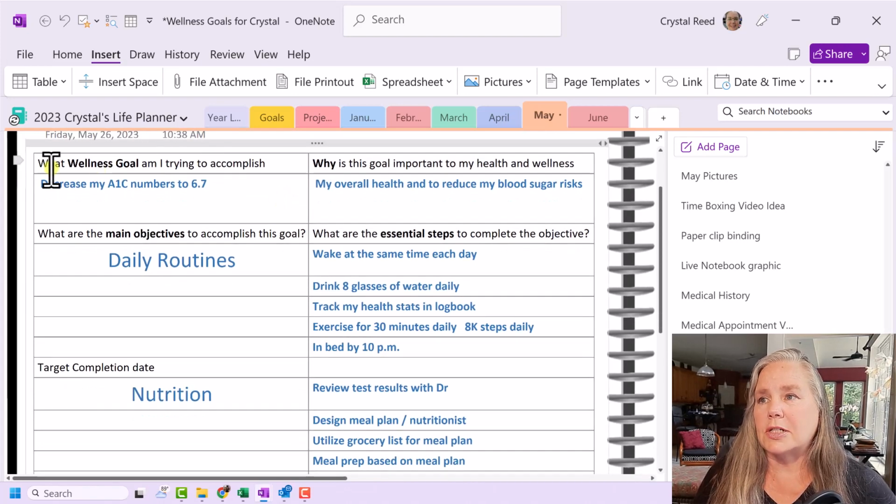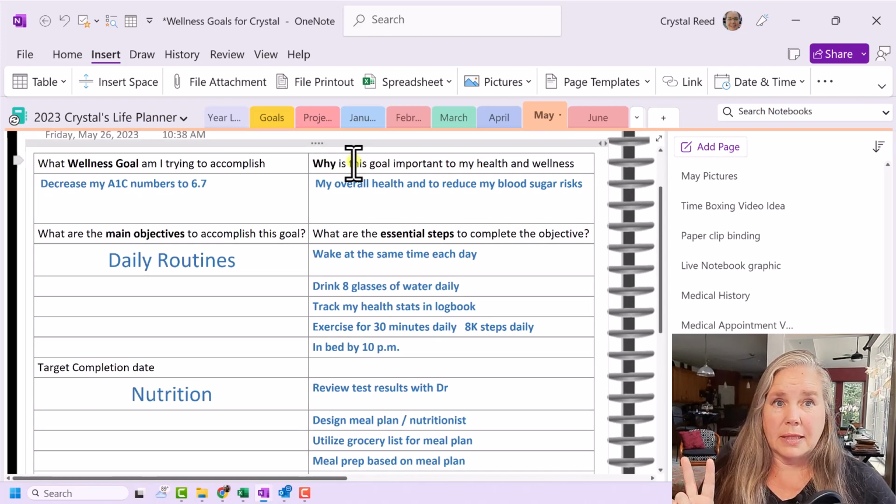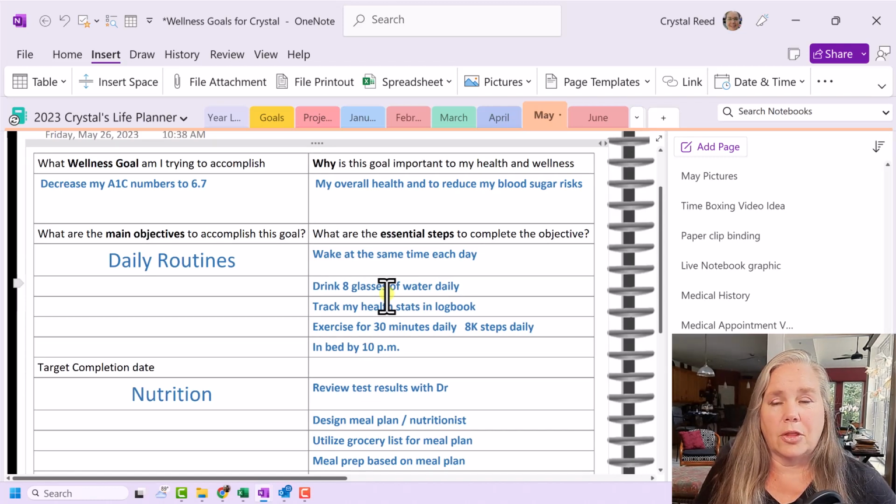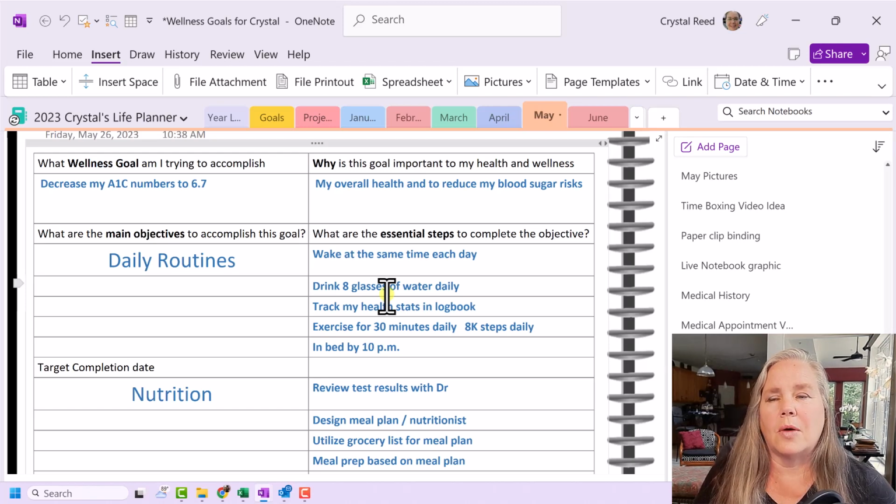Okay, so as I scroll down, again, I made this myself. It is a 2-column table. You see both columns here. And you see it is multiple rows down, and I really just went through and created this using what I know about goal setting and really tailored it to meet with this wellness goal.